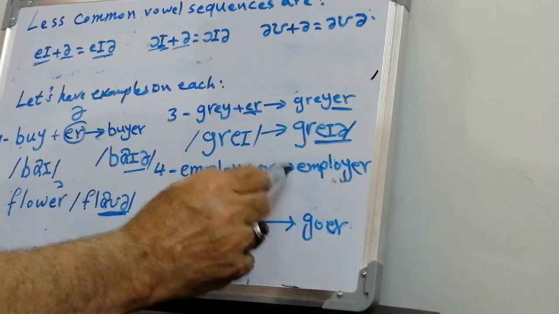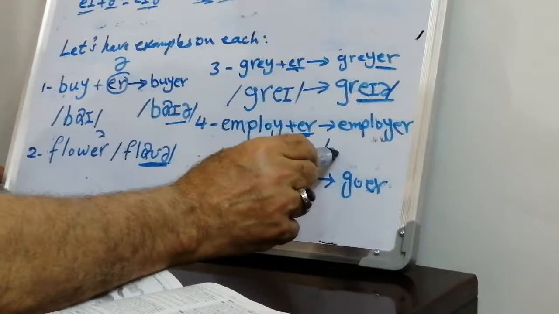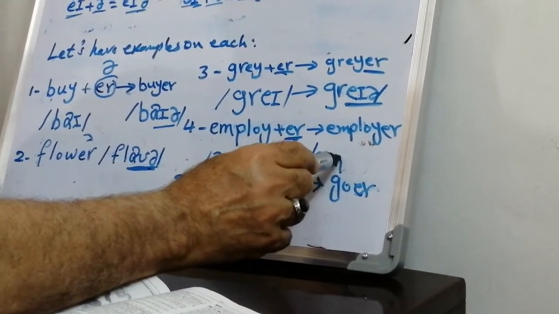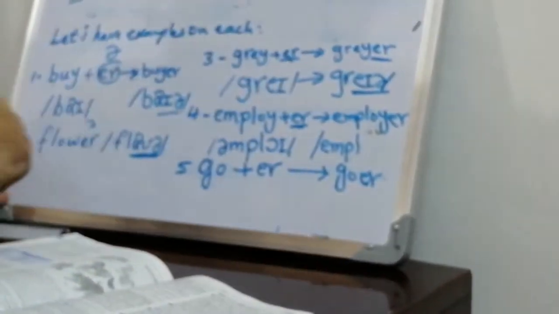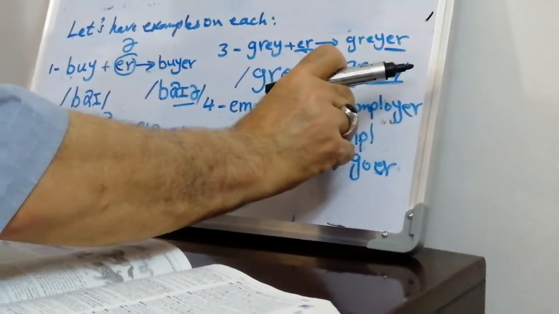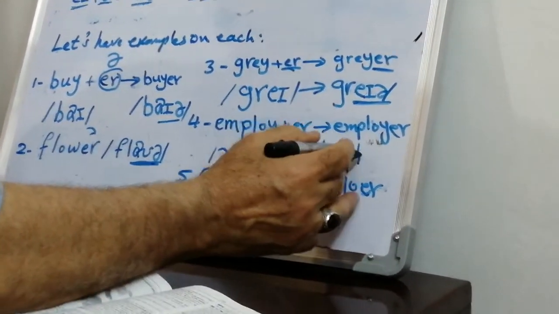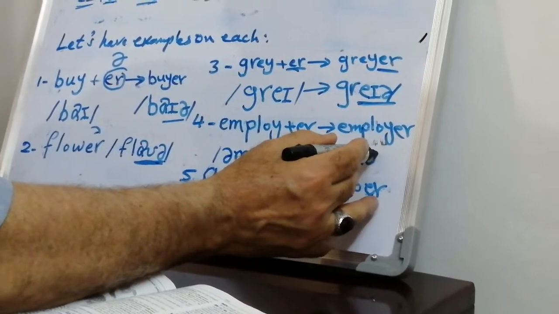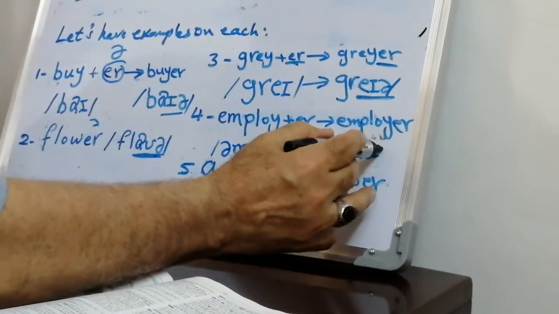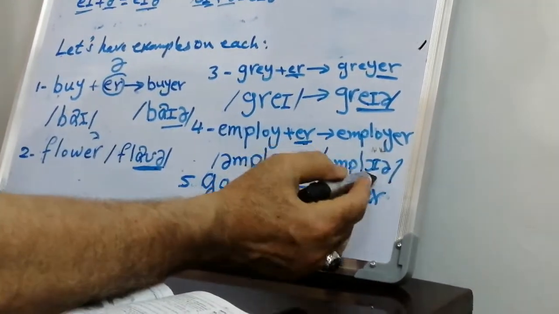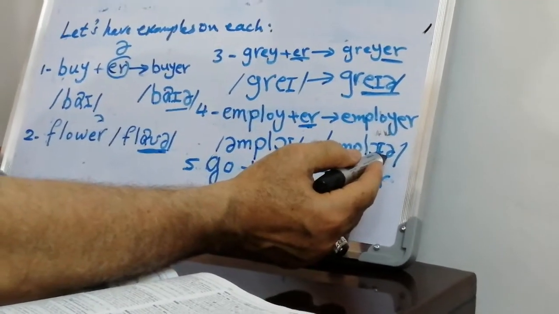After the addition of "er", it's going to be the same thing: "employer". Then this "er" is represented as a schwa. So we are going to have vowel sequences: a diphthong plus a schwa.